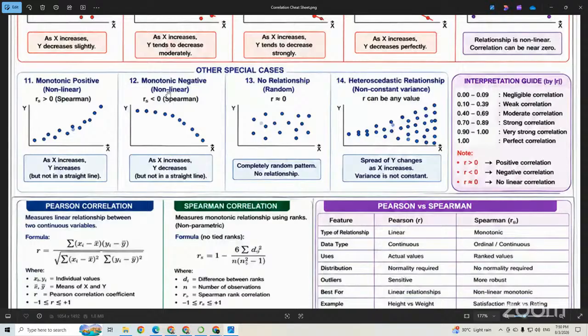The second one is monotonic negative: you can see the curve is decreasing, as x increases, y decreases. And if the data set is like the one in the 13th graph, in that case the value of r will be 0.